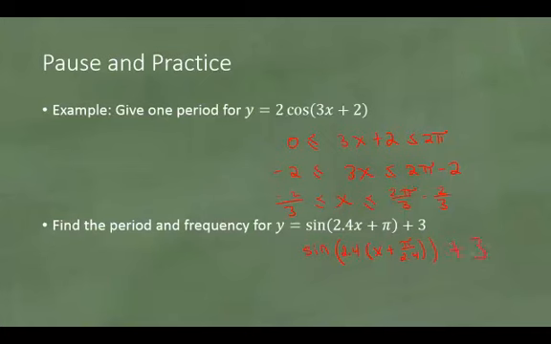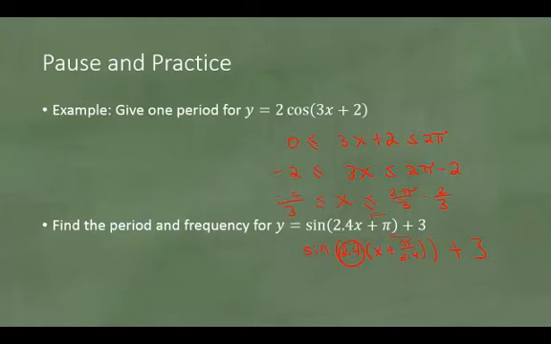Again, the period will always be this number. It's still 2.4, but I just want to be clear that this doesn't mean you're moving it to the left pi times. This actually means you're moving it to the left pi over 2.4 times. Remember, the translation we talked about is only true if we have x plus something, not 2.4x plus something. Okay, just to be clear.